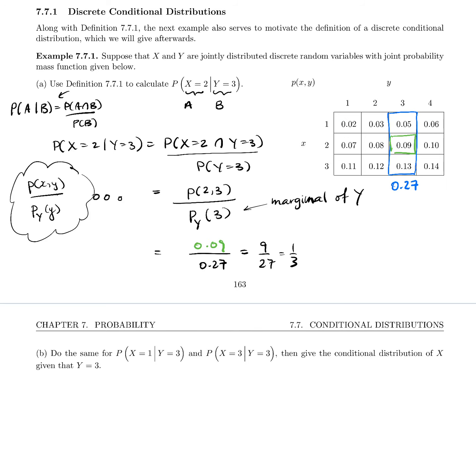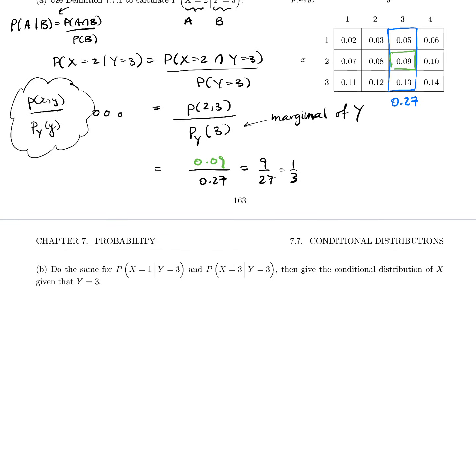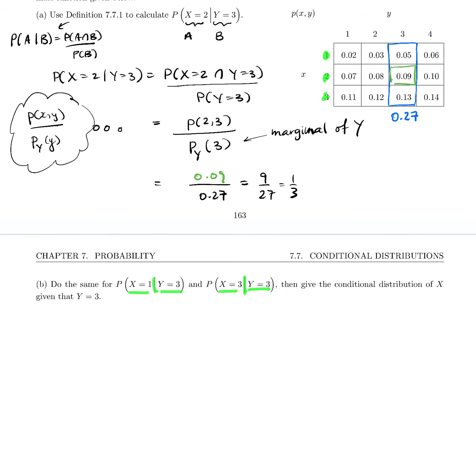We're asked to do the same thing now in part B for the probability that X equals 1 given that Y equals 3, and X equals 3 given that Y equals 3. X can take those three values, 1, 2, and 3, and we've already done the probability that X equals 2. So we'll do the other two possibilities, keeping Y at the same 3.